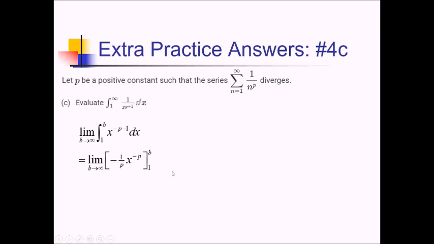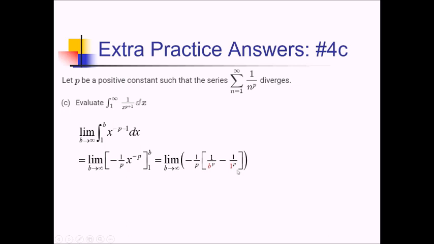So I have limit b approaching infinity, -1 over p is now being taken out of there. And now I just have to plug b and 1 into this x to the negative p part. So this is going to be b to the negative p, which I can write as 1 over b to the p. And then we're going to be subtracting 1 to the negative p, so minus 1 over 1 to the p.